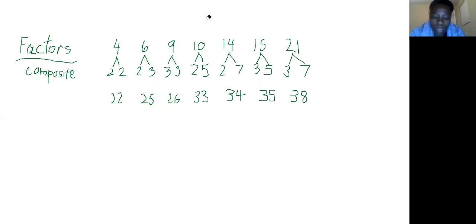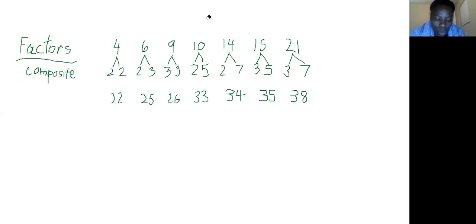So when we multiply a number by 1, you're getting this very same thing. So we don't consider 1 to be a factor. So 1 is not even considered a prime number or a composite number. 1 is a very unique number.